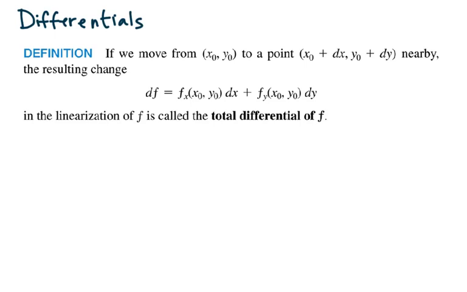So the concept of error leads us into differentials, and we want to consider what they were, maybe going back to single variable calculus. So what we know is that dx and dy, those are independent variables.